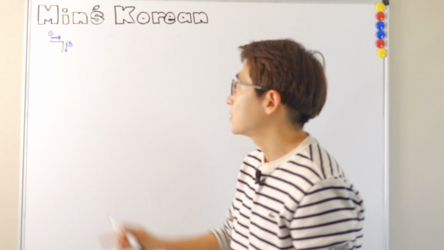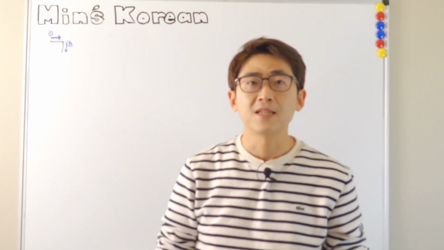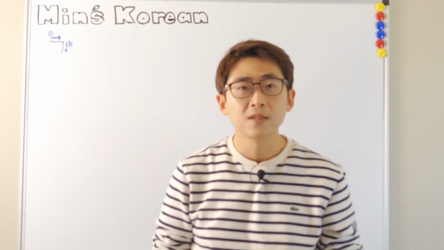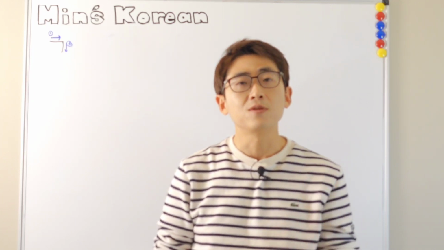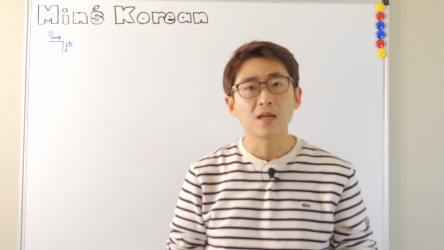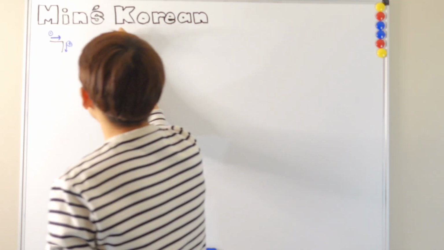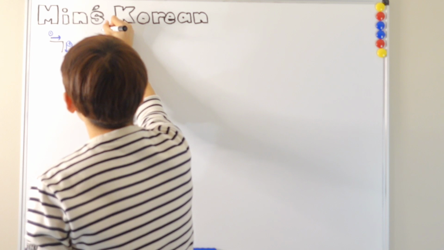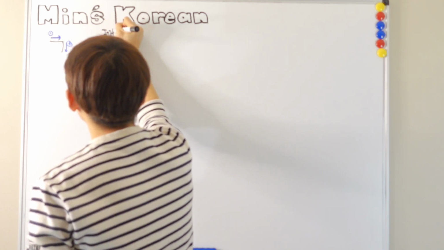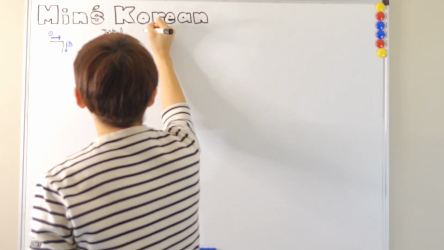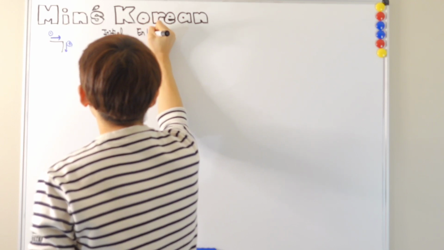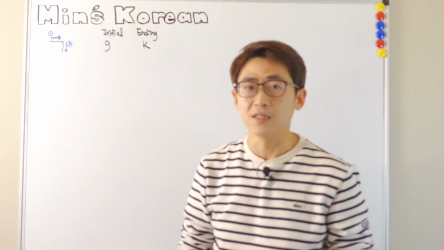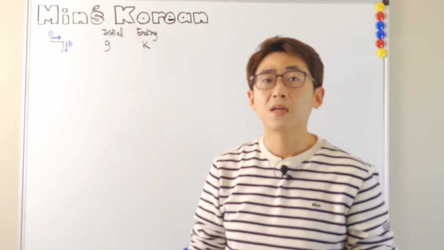It's pronounced as g when it's used as an initial, and when it's used as an ending consonant, the pronunciation is k.